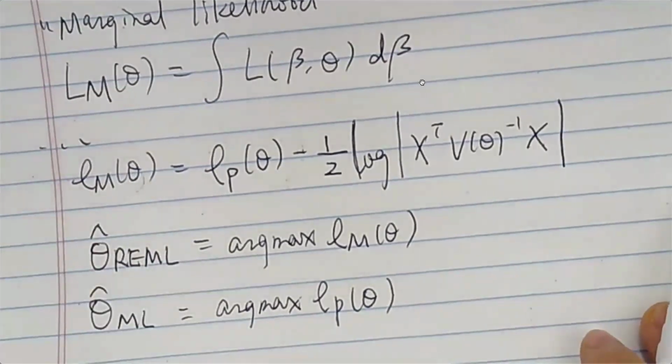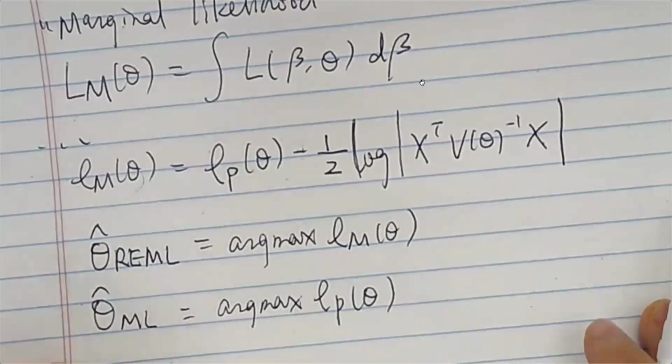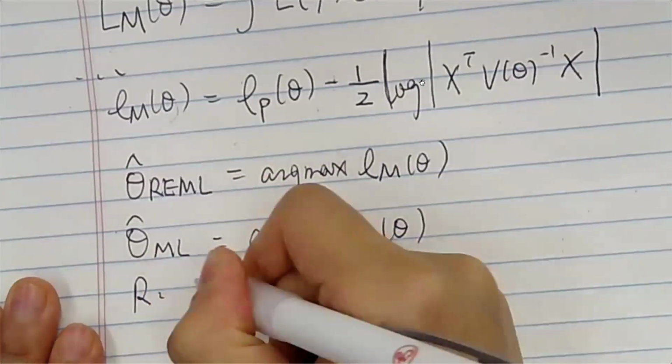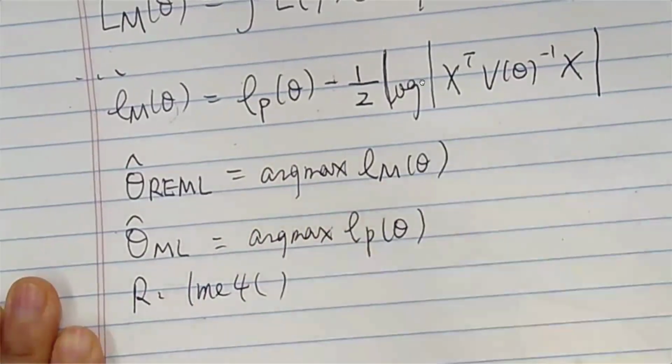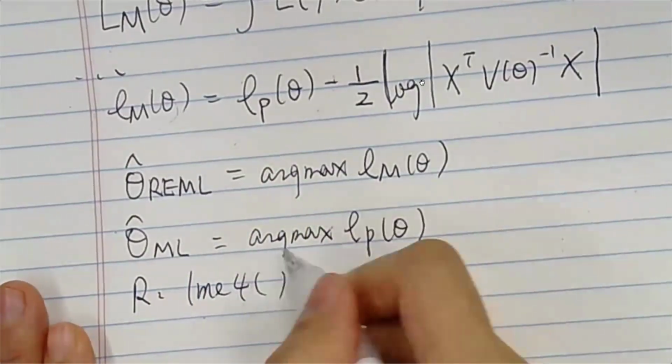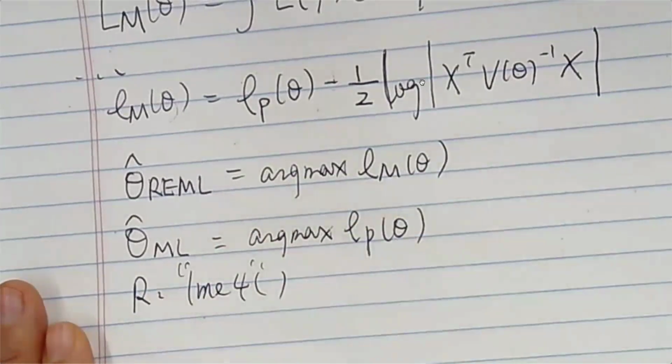And in R, the package for doing linear mixed model is called lme4. In that package, you actually have both options available, so you have 2 estimators to choose from.